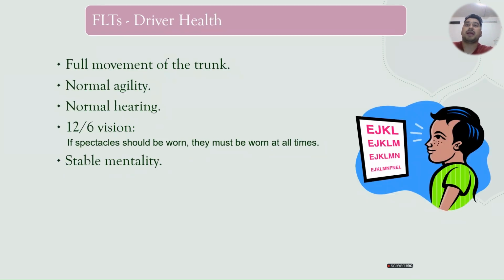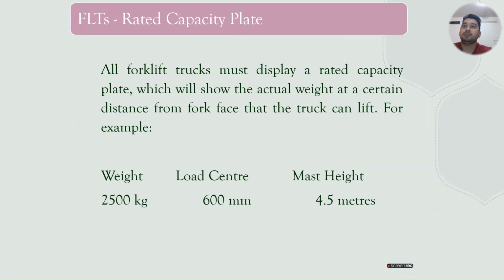Forklift truck driver health: full movement of the trunk, normal agility, normal hearing, and 12/6 vision. If spectacles are required, they must be worn at all times when using forklift trucks or when at work, and stable mentality. So these are the health requirements for a forklift truck driver.